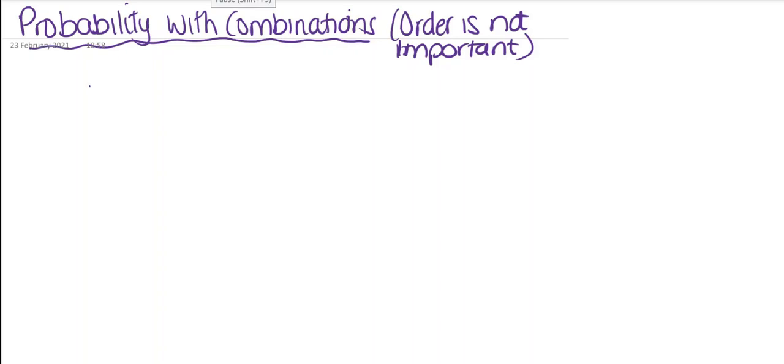Okay, so we're going to look at probability with combinations. So combinations, order is not important. Permutations, order was important.